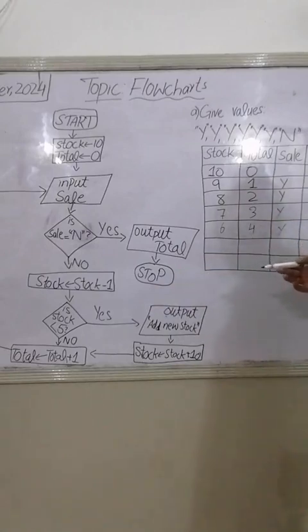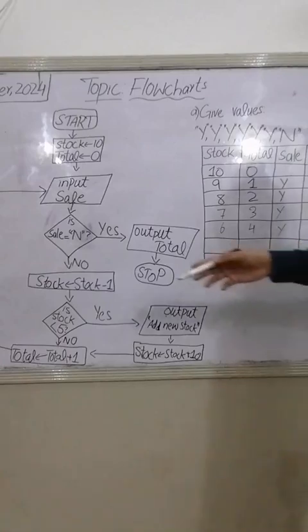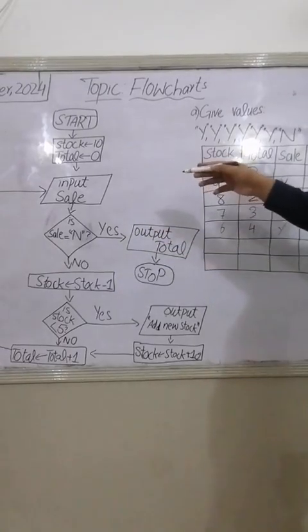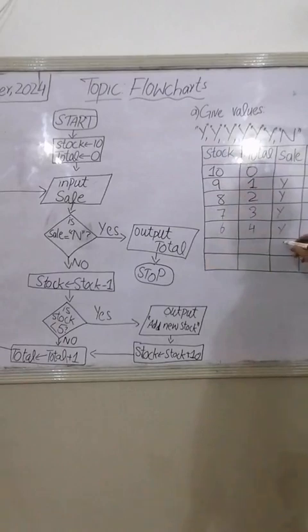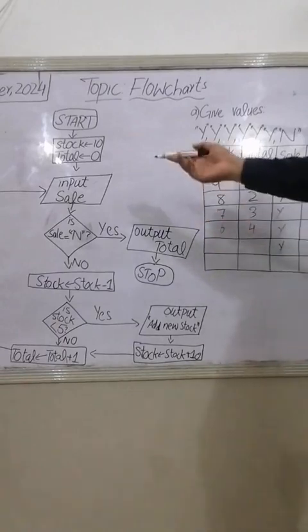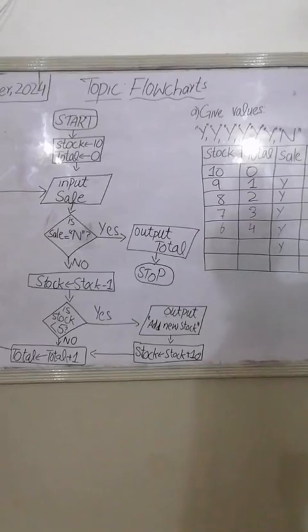So we'll keep on moving like that. And when we come upwards, we will again take 1 y in the input sale. So we will check the condition, same, we will move forward. Stock minus 1 means 6 minus 1 will be 5 here, right?